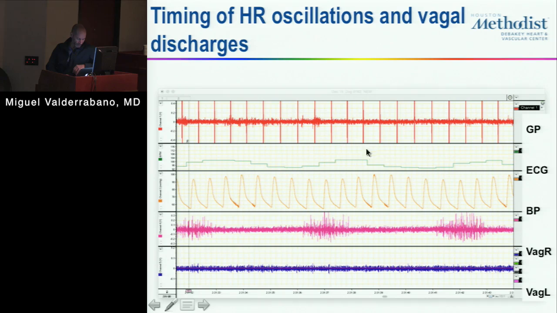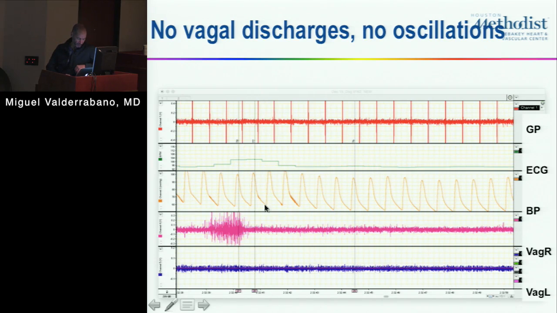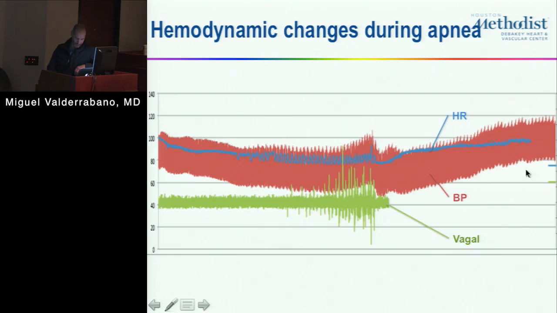You see these oscillations that go up and down that kind of correlate with vagal discharges. And most interestingly, when I start breathing, there's no oscillations. So if you plot everything, here are the hemodynamic changes during apnea. In blue is the heart rate. Apnea starts here.